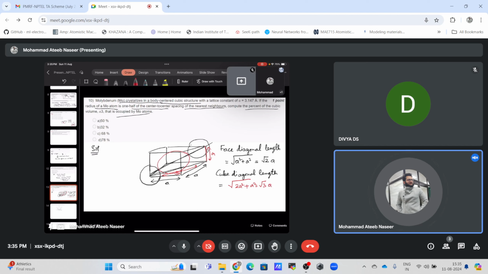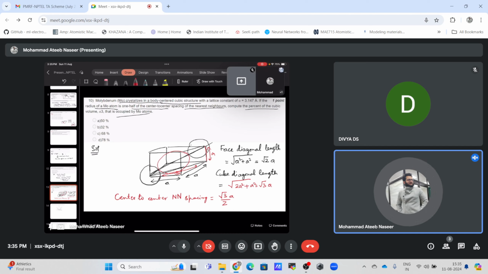Now the center to center nearest neighbor spacing is half of this. So basically we will have this equal to root 3a by 2.